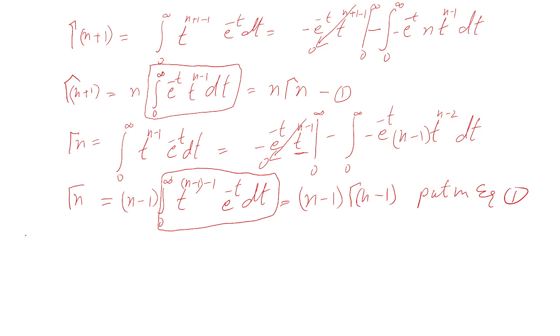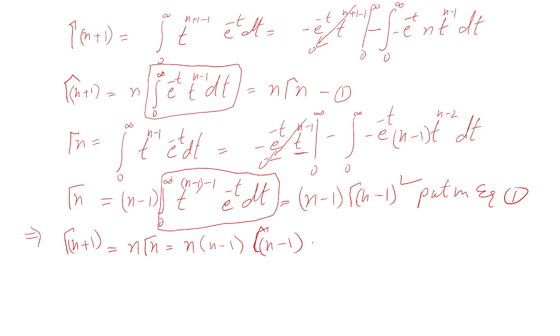What that implies is that gamma n plus 1 is equal to n into gamma n, where gamma n is here. This is gamma n, so this is equal to n into n minus 1 times gamma n minus 1.